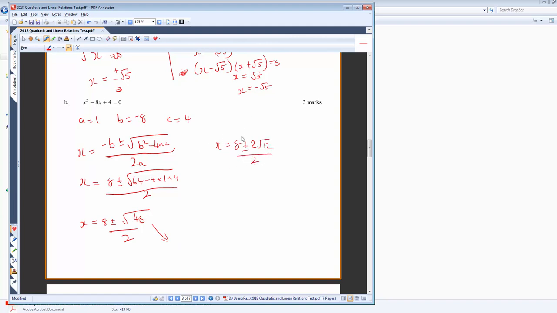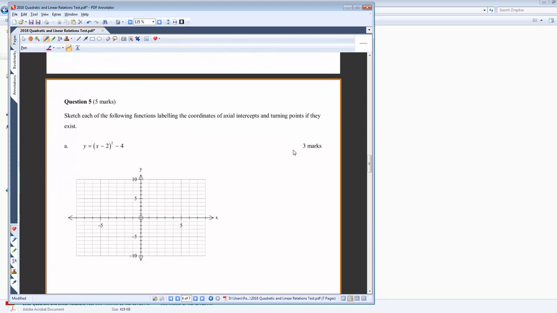Alright, now that means that we can cancel, or this is the same as 8 over 2 plus or minus 2 root 12 over 2, 4, and those cancel out. X equals 4 plus or minus root 12, which also simplifies to 4 plus or minus 2 root 3. Okay, so yeah, that was just a standard quadratic formula problem.